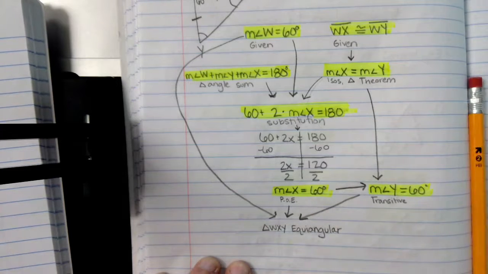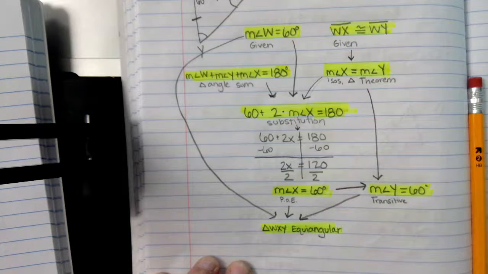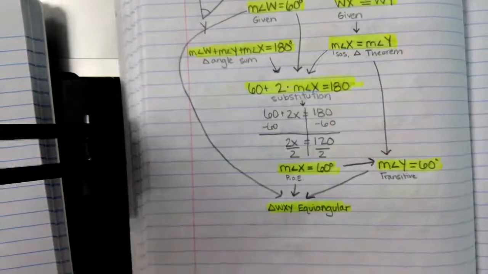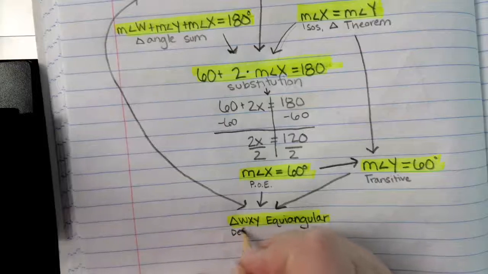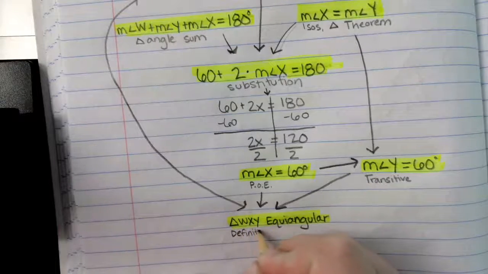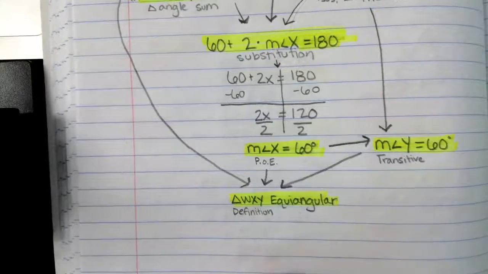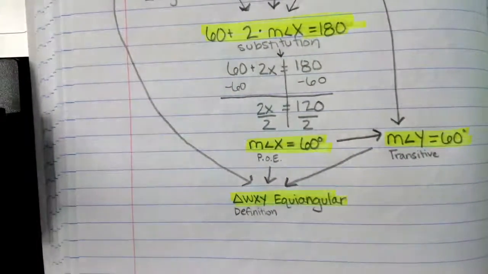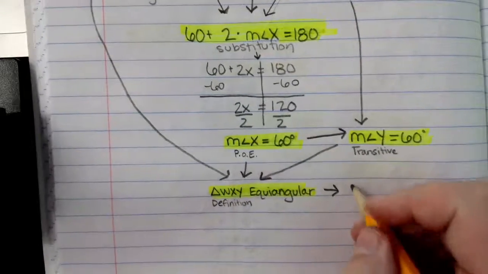Because they're all the same. And that's really just our definition of an equiangular triangle, so I'm just going to write definition here. If we were writing this as a formal proof that was going to get published in a textbook, we would write definition of equiangular triangle. But this is just our notes. And then we know because it's equiangular, what does that tell us? It's equilateral.